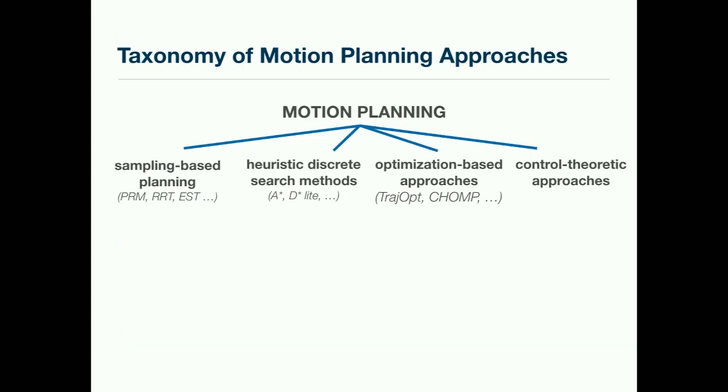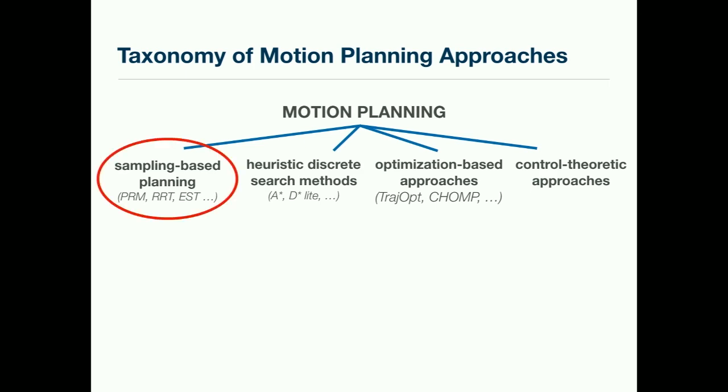It's really impossible to have a taxonomy of motion planning approaches in one page, but nevertheless, I want to mention that clearly anyone who's doing motion planning today has at their disposal sampling-based motion planning techniques like PRM, RRT, EST, heuristic discrete search methods like A-star, optimization-based approaches, which actually took advantage of some of the advances in convex optimization and gave us very interesting algorithms, and definitely control theoretic approaches.